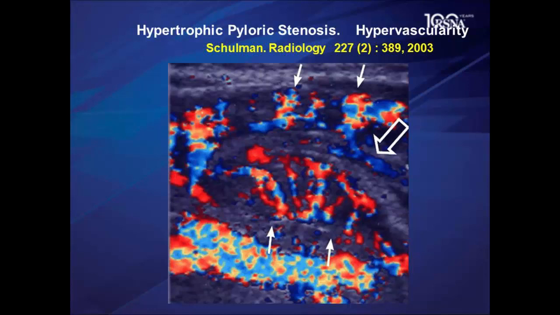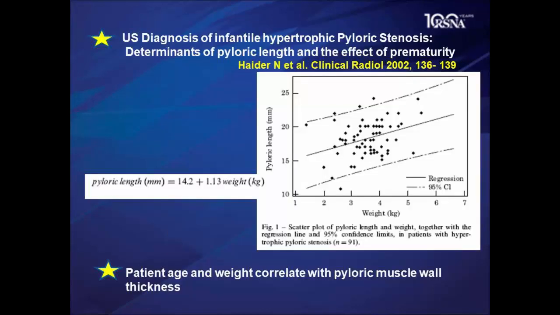The problem is not that simple, because we deal with babies of small birth weight or with premature who would have vomiting for many reasons, some of medical management like reflux, but when it comes to pyloric stenosis would be surgically treated. And actually studies have been done determining the correlation of the pyloric length with the birth weight and with the gestational age.